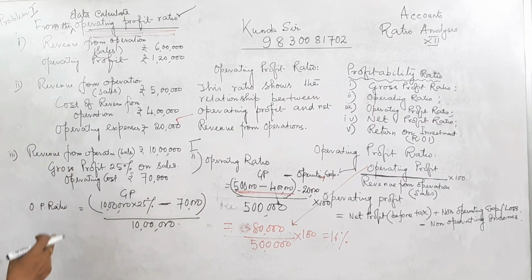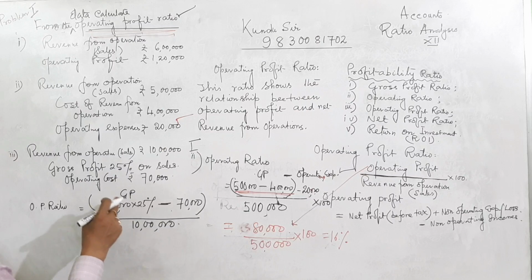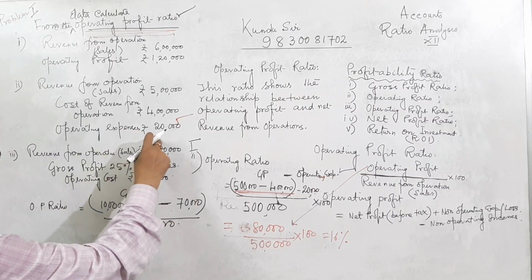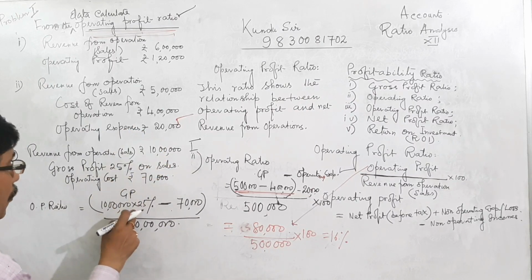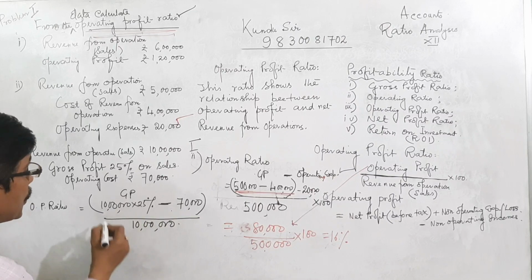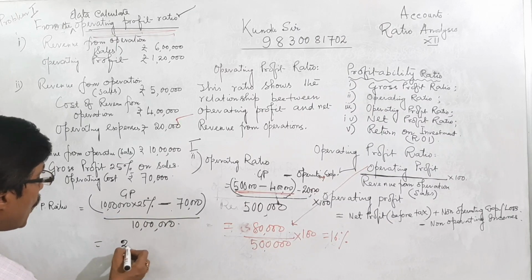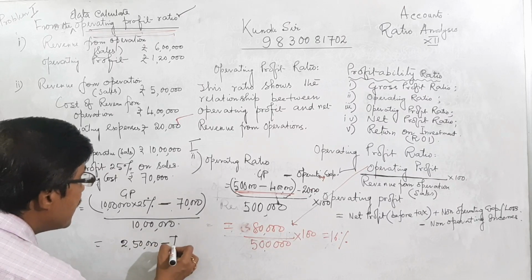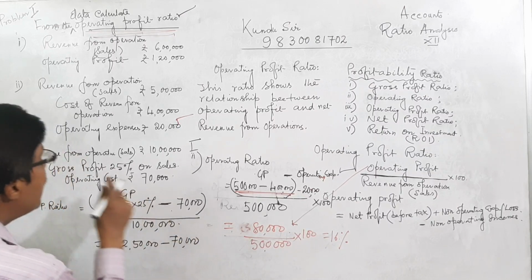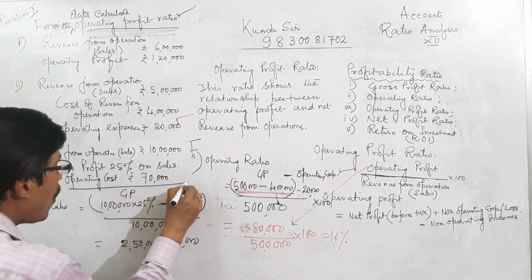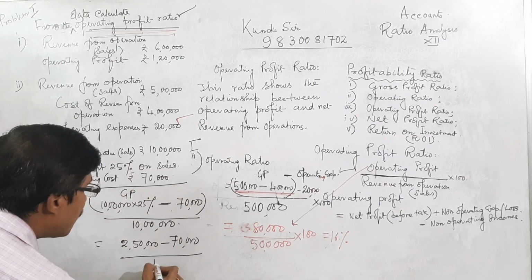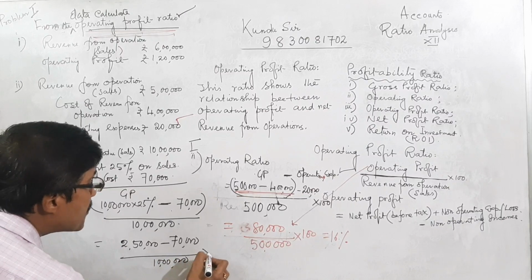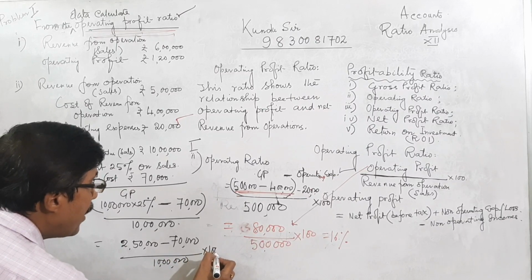Gross profit is 25% of revenue, that is 1/4, so 2,50,000 minus 70,000, the operating cost, by 10 lakhs revenue from operation multiplied by 100.